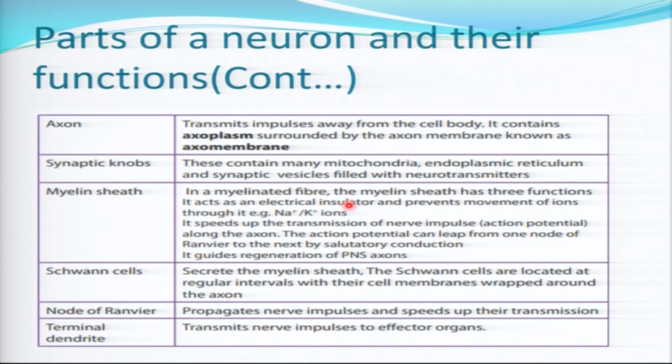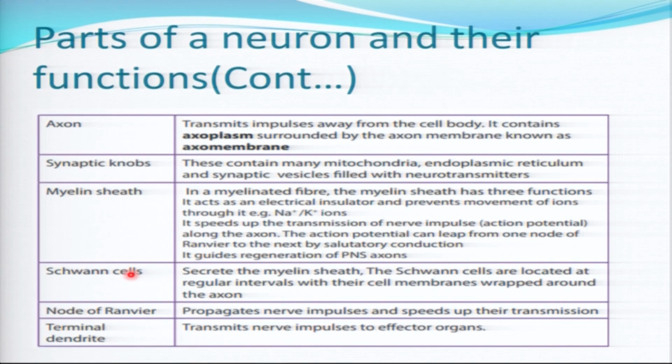So to increase the speed of the impulse along the neuron, those myelin sheaths are there just to insulate the impulse as the impulse is passing. We shall come back to this when I explain how the information is going to be transported. So it acts as electrical insulator and prevents movement of ions through it.